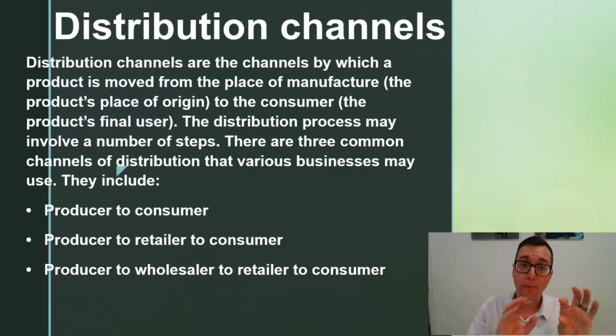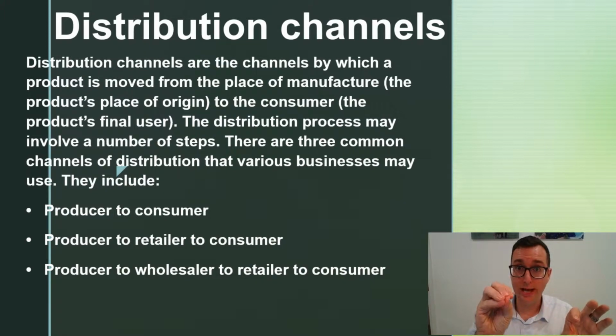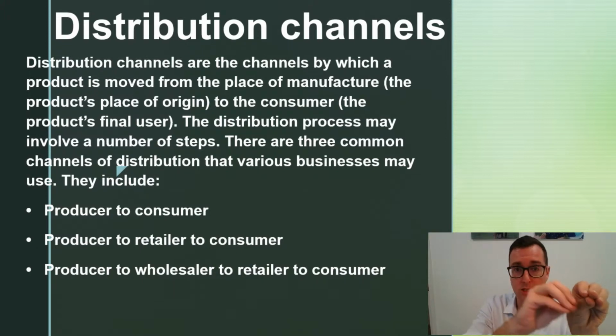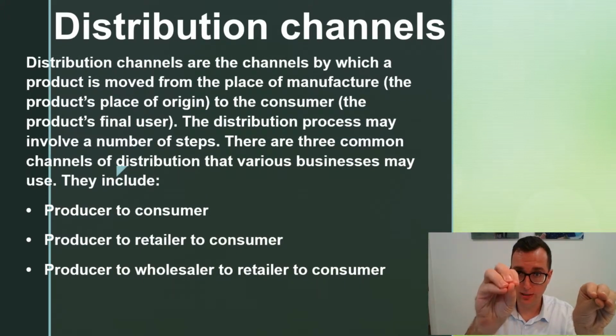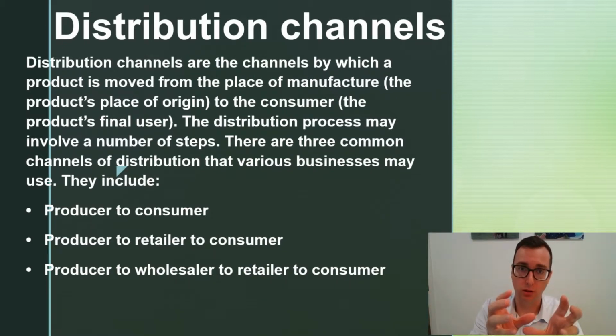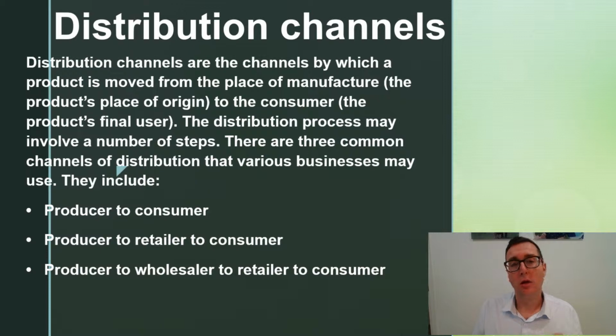Then there is producer to the retailer, like JB Hi-Fi, then to the consumer. So you have the manufacturer, the maker, selling the item to retailers. Retailers then sell to the consumer. So you've got a middle person there, middle business. The old school way was the producer who'd make it. They would sell to a wholesaler.